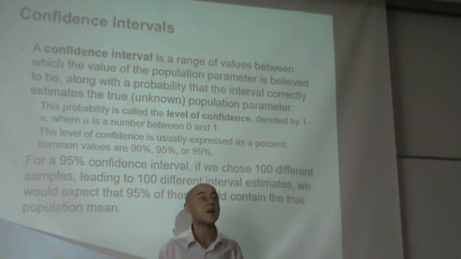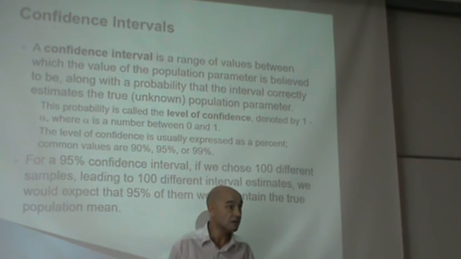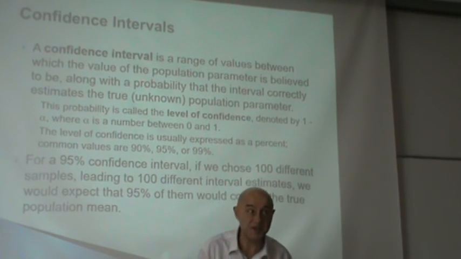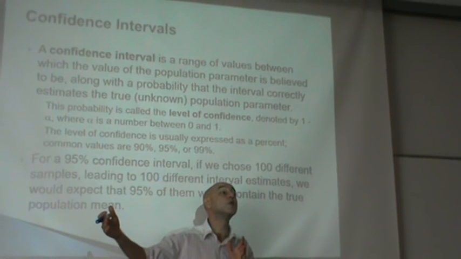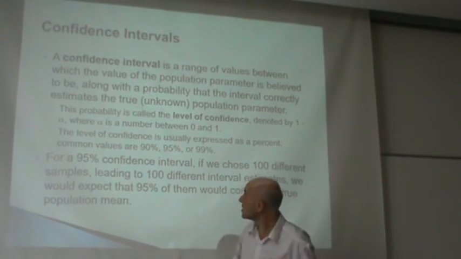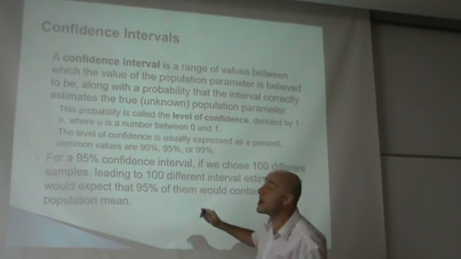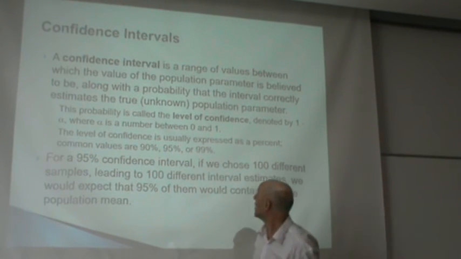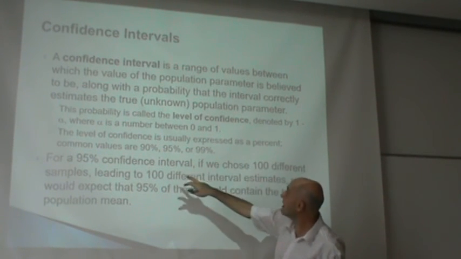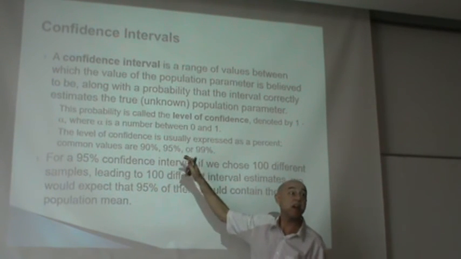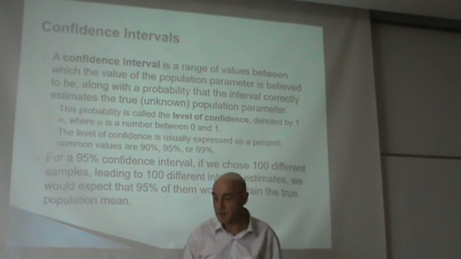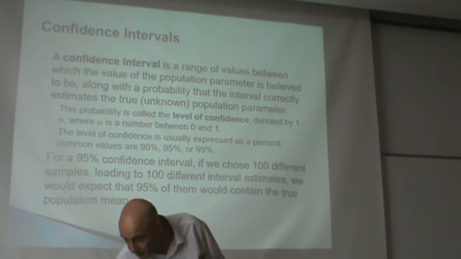If alpha is 1%, it means a 1% chance of a mistake and 99% right. So that's the confidence level. And the most common levels of confidence are 90, 95, and 99%. That's the most common confidence level.